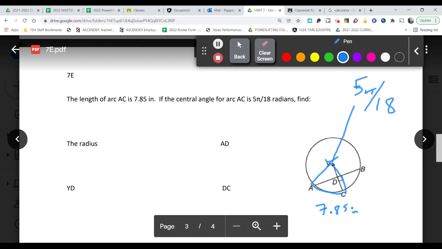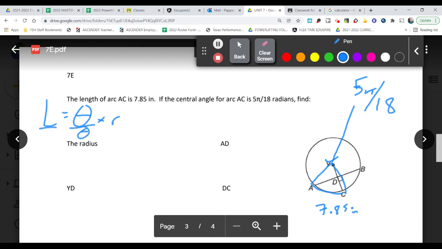The length of the arc is equal to theta times r. The length of the arc is theta, which is how many radians the angle is, times the radius. So if length is equal to theta times r, to get r, we'll just do what to both sides? If we have to get r by itself, we'll divide by theta.